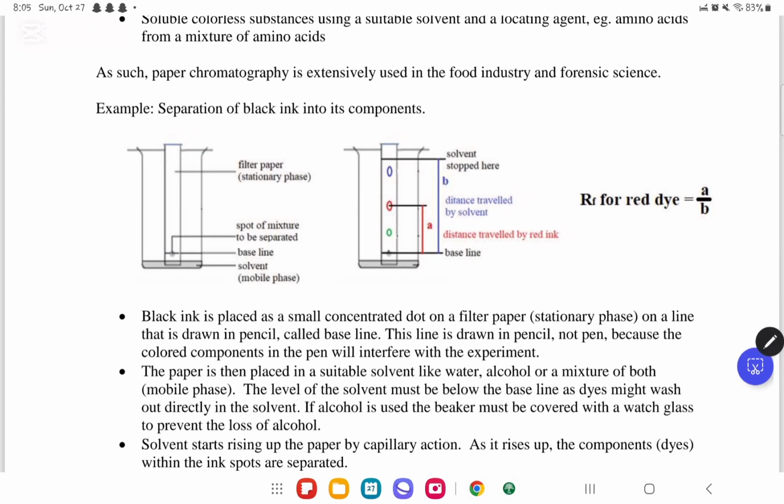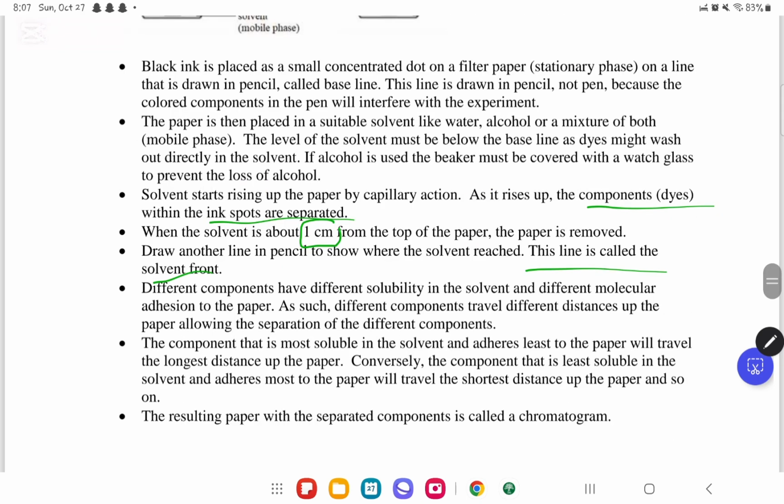They told us, in summary, you're gonna put your solution, which is black ink in this case, on a paper with a concentrated dot, and you call this the stationary phase. You draw a line, which is the baseline, in pencil, not in pen, because pen contains colored pigments. After this, you're gonna put it in a suitable solvent, which is called the mobile phase.